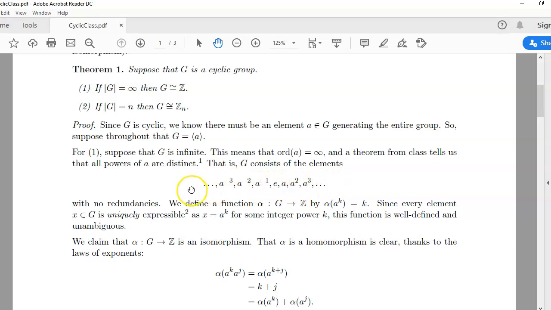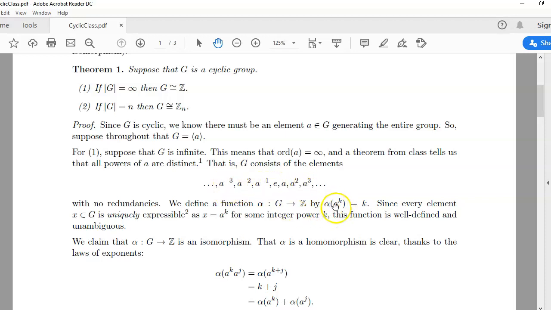So what I'm going to do is give this unique description of the elements of G to give you an isomorphism from G to Z. That's my job after all, is to prove that there's an isomorphism from G to Z. Now it's easy. You know what the isomorphism is going to be? If you look at this list of elements of G, do you see integers? I do. It's the exponents. 0, 1, 2, 3, 4, etc. And then -1, -2, -3, -4, etc. So the isomorphism is: take an element of G, which is expressible as a to the k, right?